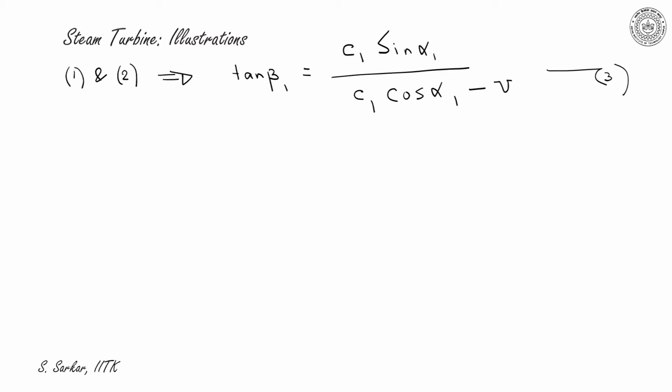Now here C1 is known, alpha 1 is known, U is known.